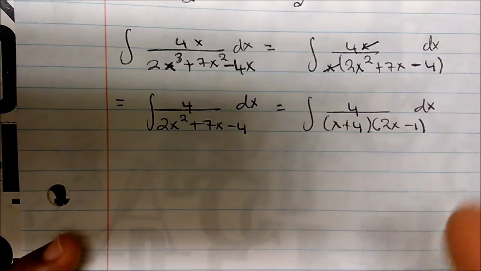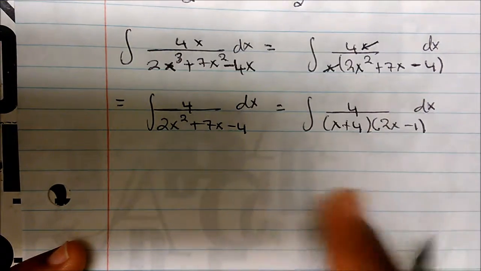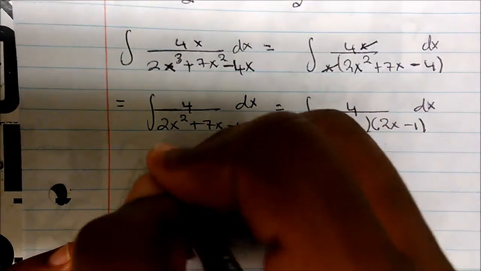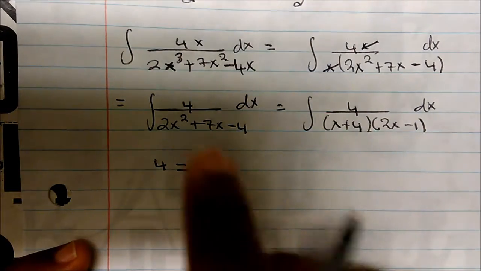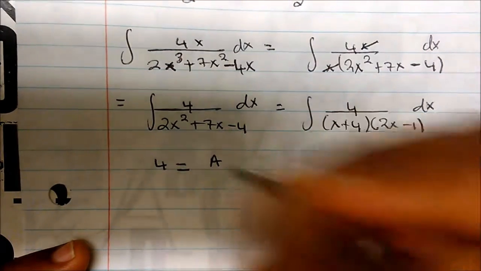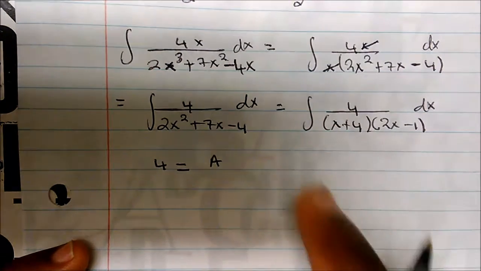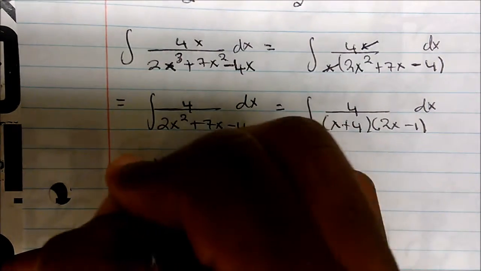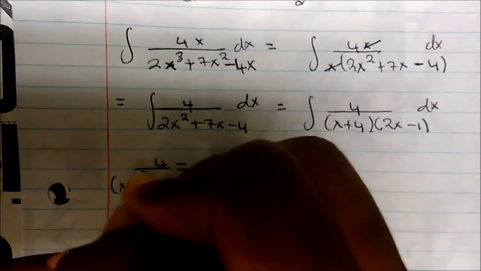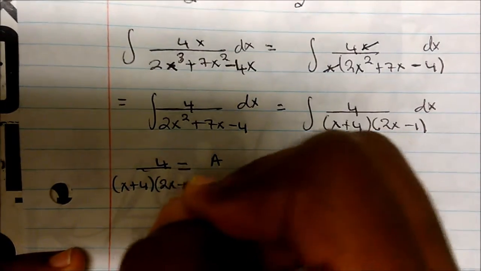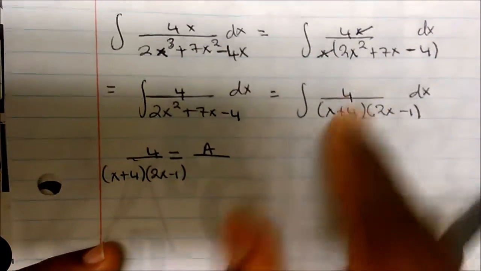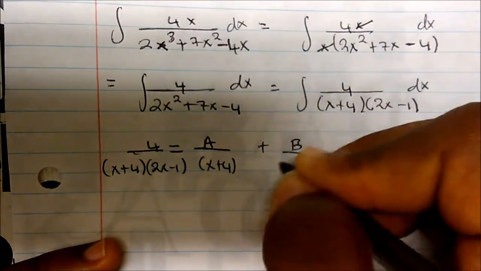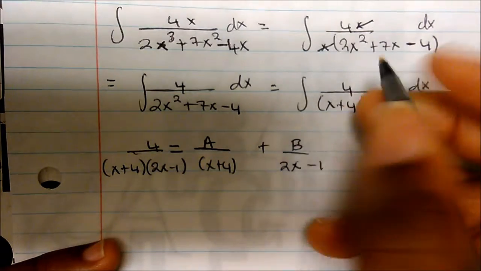Essentially, I'm going to skip steps here since I did it already. If I multiply both sides by x plus 4 and 2x minus 1, I'm going to get 4 on the top. So let's decompose this: 4 over x plus 4 times 2x minus 1 equals A over x plus 4 plus B over 2x minus 1.